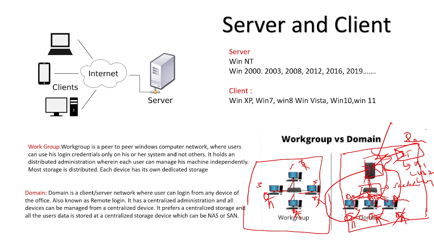Within 1 minute, that wallpaper will reach all the 1000, 10,000 computers, whatever the number may be, that are in that OU. So that is the biggest difference between the workgroup and the domain environment.